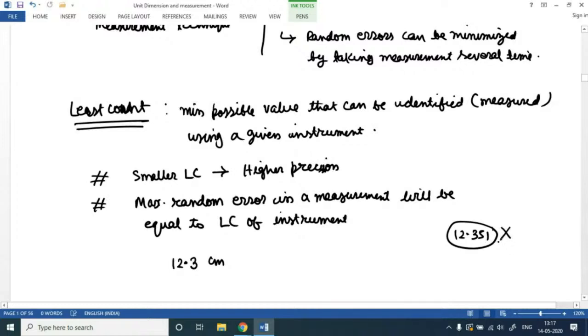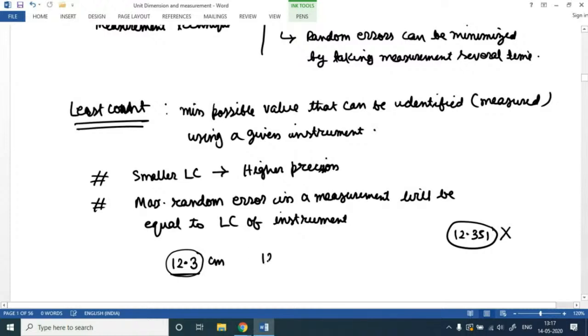You must never do these kinds of things in an experiment. So 12.3 centimeter you have got. It does not mean that your reading is exactly 12.3 centimeters, since the least count of the meter scale is 0.1 centimeter. It could be, for example, 12.28 or 12.32, anything.